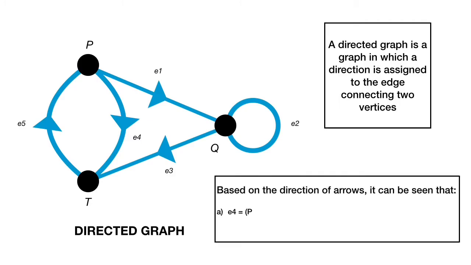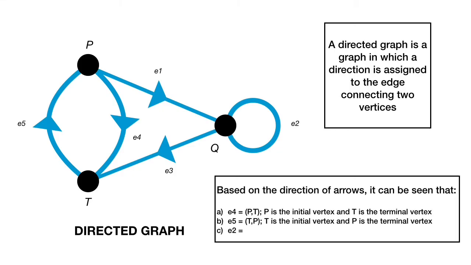Based on the direction of arrows, it can be seen that for edge 4, vertex P is the initial vertex and vertex T is the terminal vertex. Edge 5, vertex T is the initial vertex and vertex P is the terminal vertex. Lastly, edge 2, Q is the initial and terminal vertex because it's a loop.